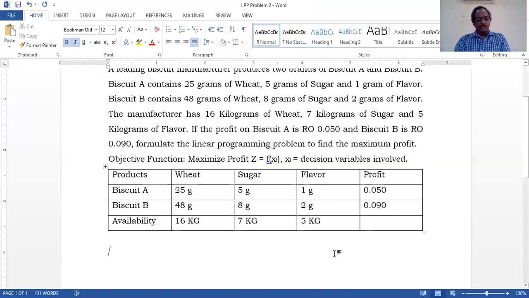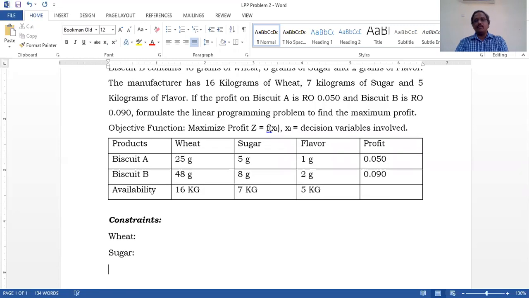Next, we are going to form the constraints. Here, the constraints are based on the resources, isn't it? What are all the resources available? We are having wheat, so we need to make a constraint for wheat. Then we are having sugar, so we need a condition for sugar, and we need a condition for flavor.